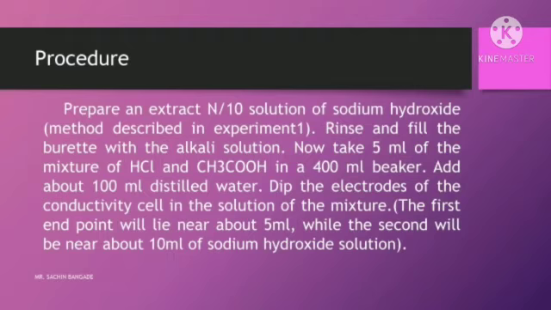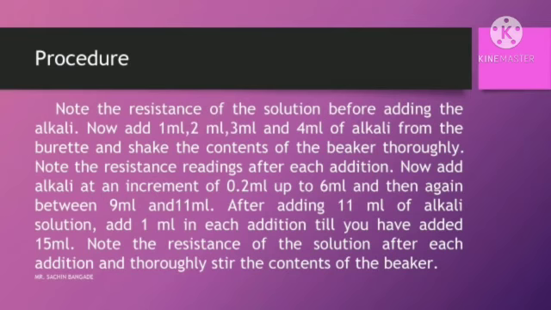Now note the resistance of the solution before adding the alkali. Now add 1 ml, 2 ml, 3 ml and 4 ml of alkali from the burette and shake the contents of the beaker thoroughly. Now add alkali at an increment of 0.2 ml up to 6 ml and then again between 9 ml and 11 ml.